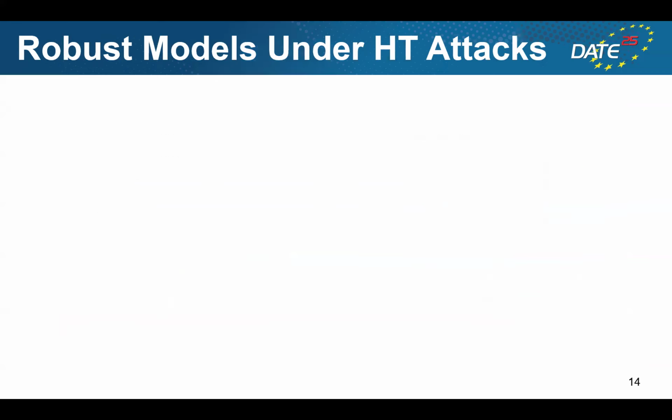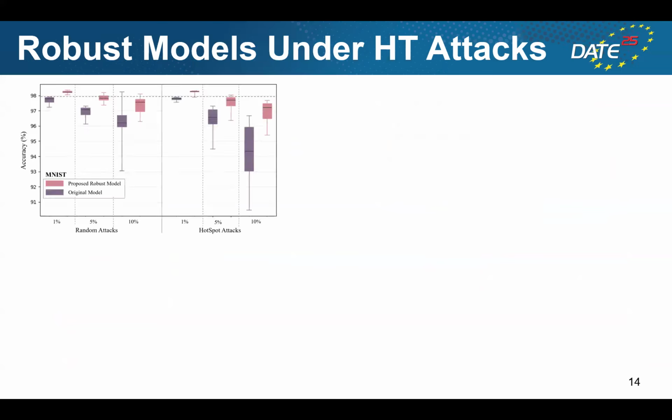Next, we took these robust models and put them under the hardware Trojan attacks we discussed. First, for the MNIST model, we saw that in the worst case, when the accuracy drop reached 7.49%, the robust model was actually able to recover up to 5.4% of this lost accuracy.